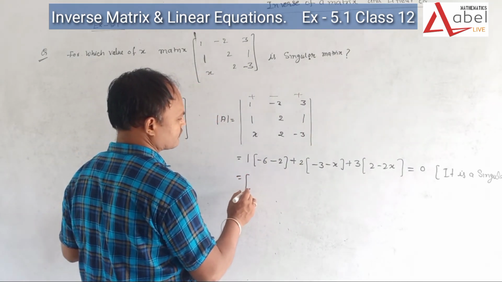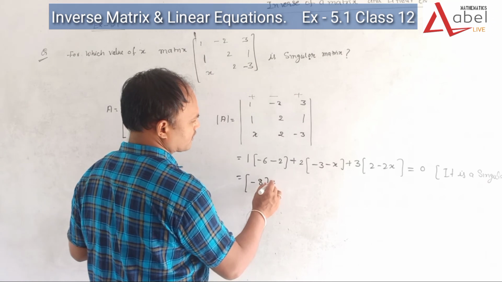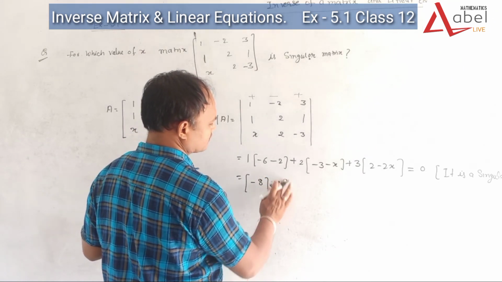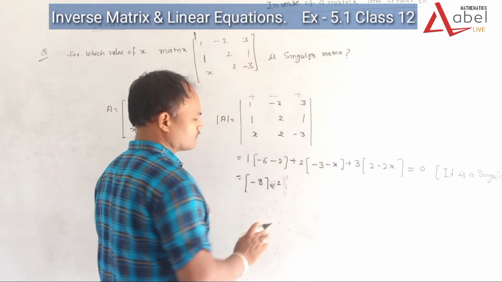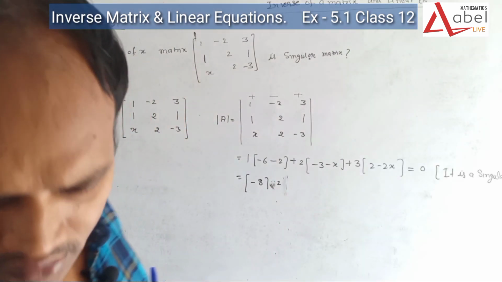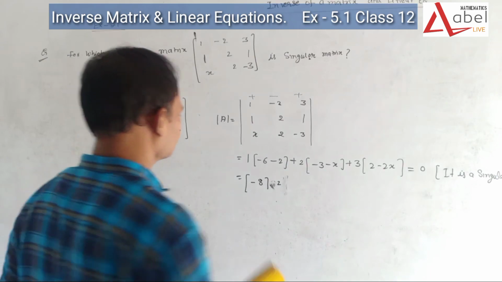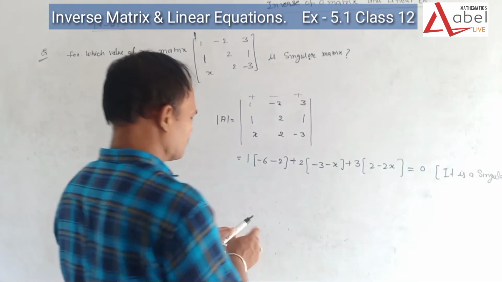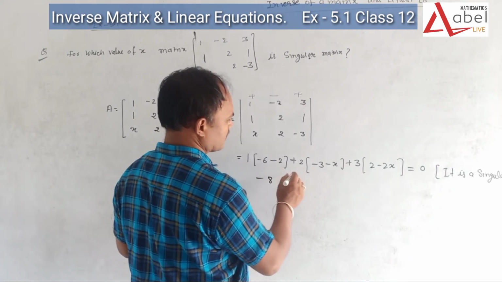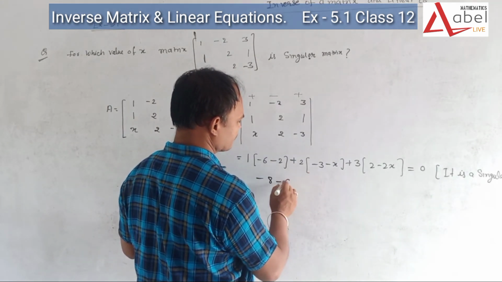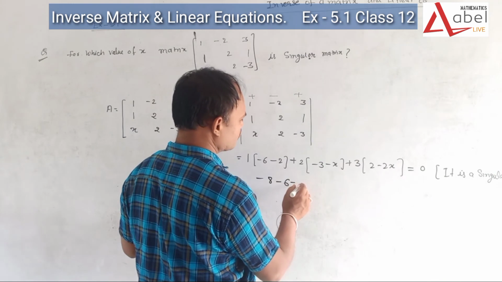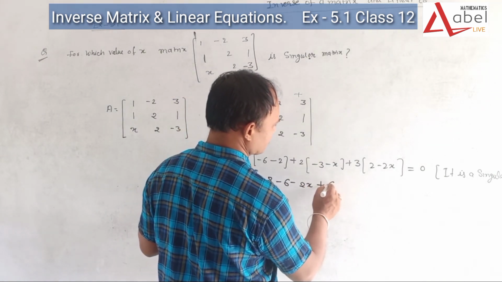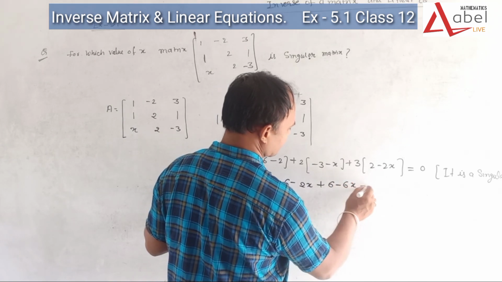So we can say that its value is 0. Now it is minus 8 plus 2, let's just solve it. So it is minus 8, minus 6 minus 2x, plus 6 minus 6x equal 0.